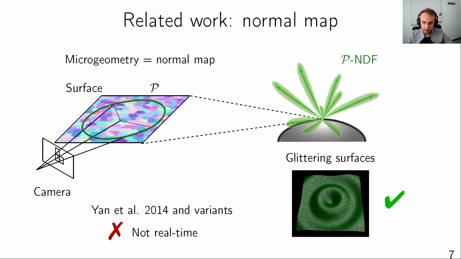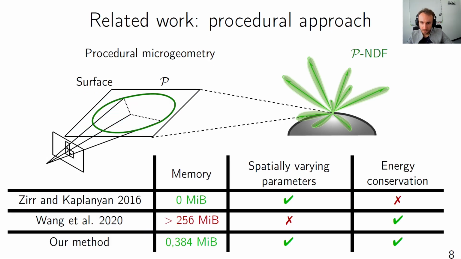Yan and colleagues propose an efficient method to compute the P-NDF, but their method is too expensive for real time. Zirr and Kaplanyan simulate glittering appearances in real time with a procedural P-NDF. Their algorithm does not consume memory, and the model parameters can vary along the surface.